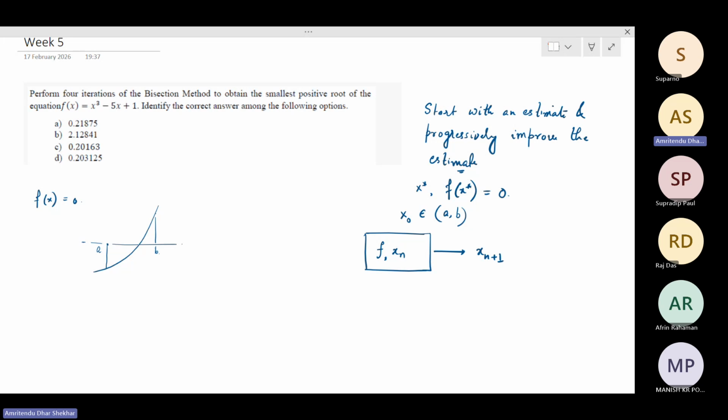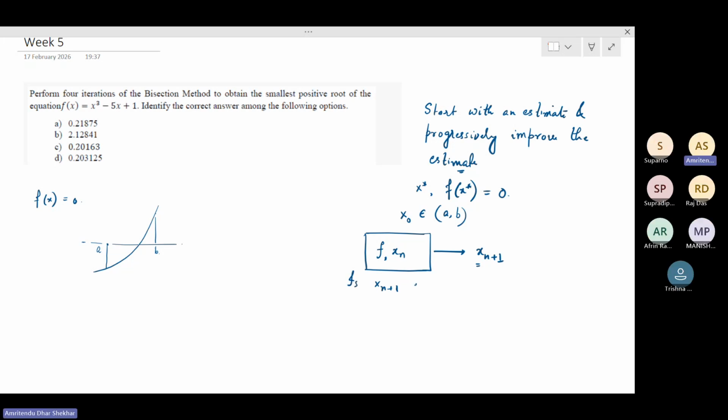Now the question is, is the estimate xn plus 1 always better than the estimate xn? And what do I mean by better? Let me put that in quotes.